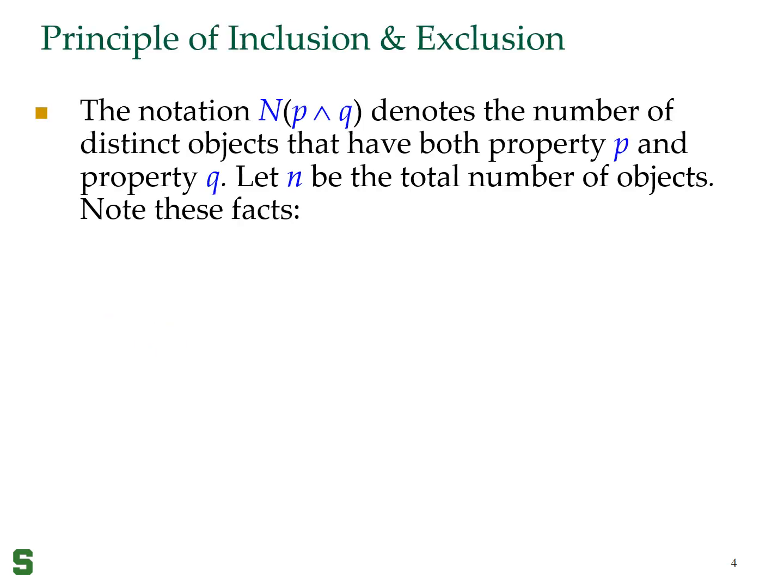We use the notation n of p and q to denote objects that have properties p and q simultaneously. We can do the same thing for p or q, not p, etc. So we can observe the following. If I wanted to find objects that don't have the property p, I can first compute all objects that have property p and subtract it from all the objects that I have.